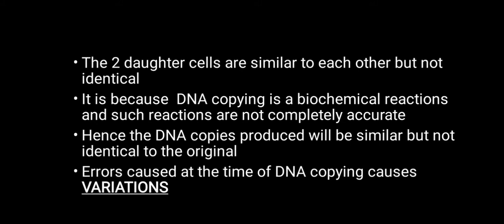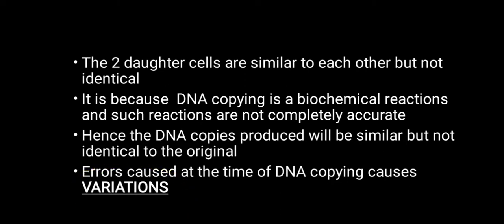Hence, there can be errors when a DNA is getting copied from a pre-existing one. Hence, the DNA copies produced will be similar but will not be identical due to the errors which are produced at the time of DNA copying. And these errors which are caused are called variations.